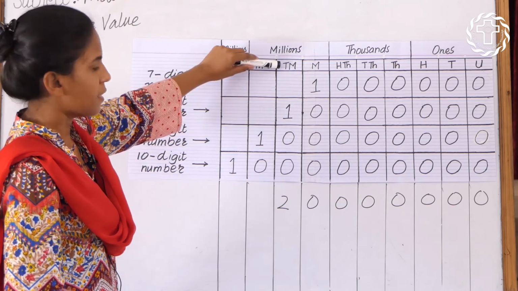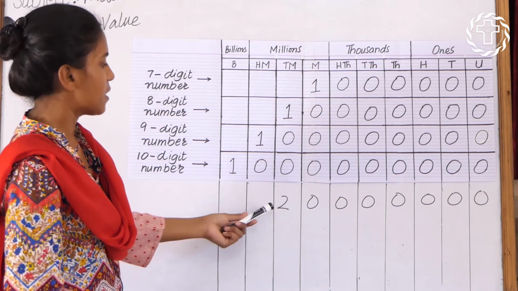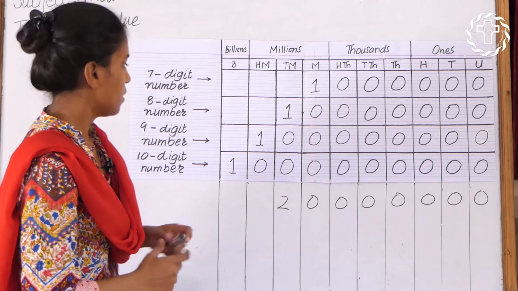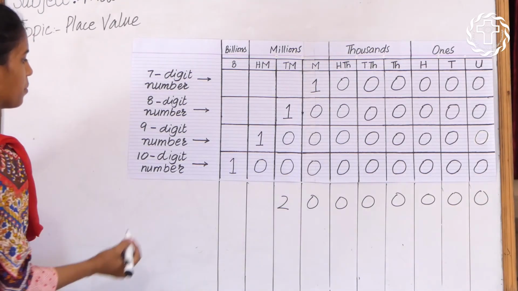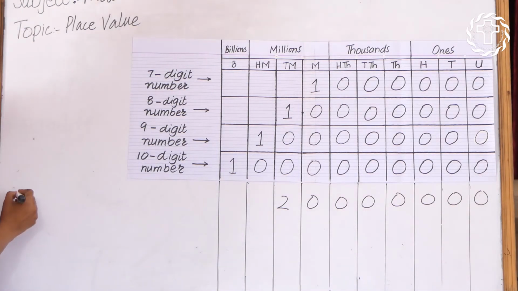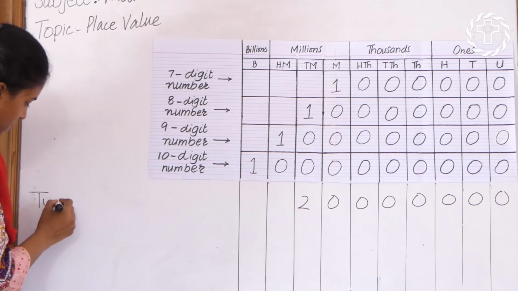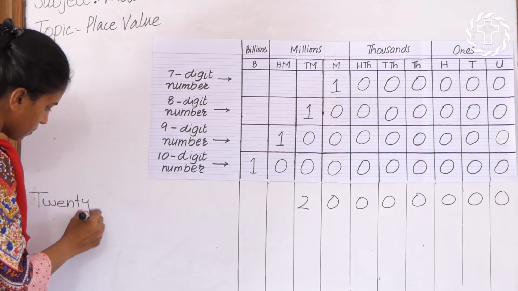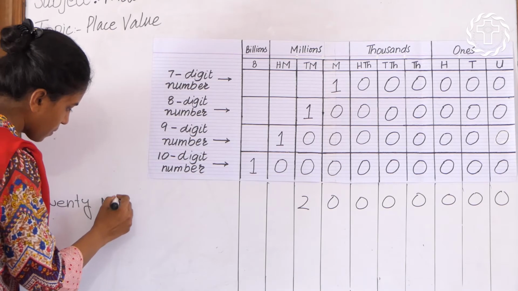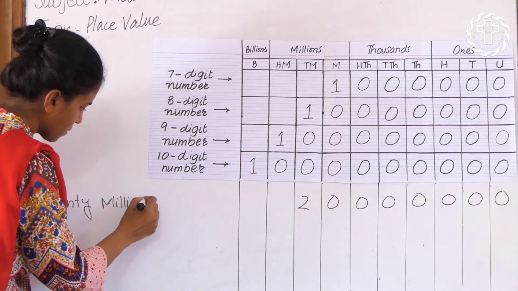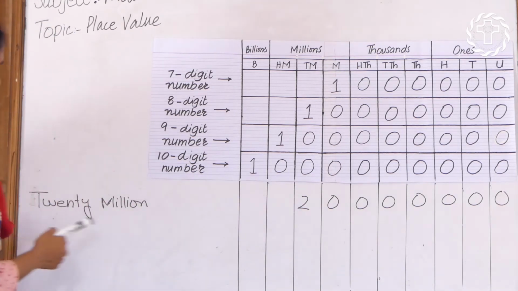Its value is 10 million. So we can say it is 20 million. We can write this number in words as 20 million.